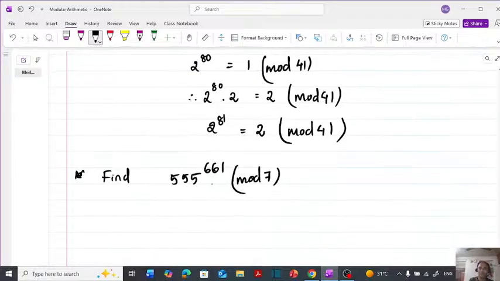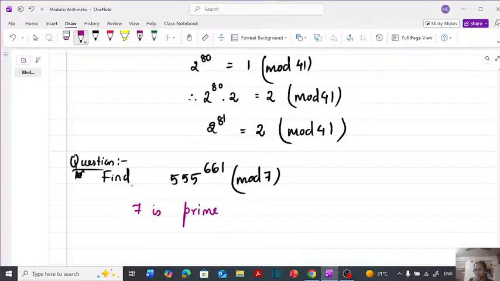We can't go around with the calculator, but then you use the techniques which are taught. So 7 is obviously prime, and by even checking the divisibility, we will come to know that 7 does not divide 555, obviously.